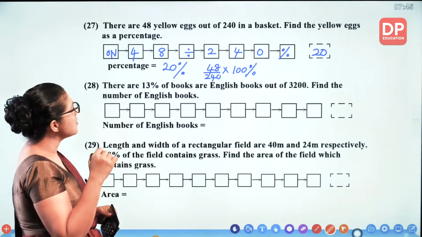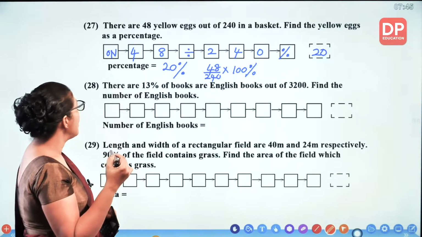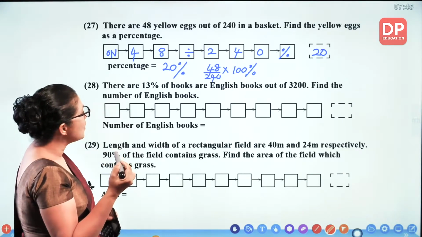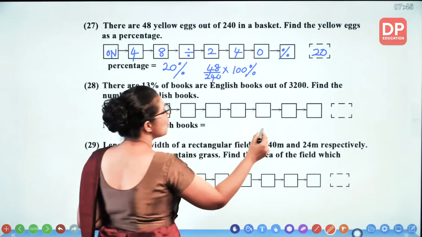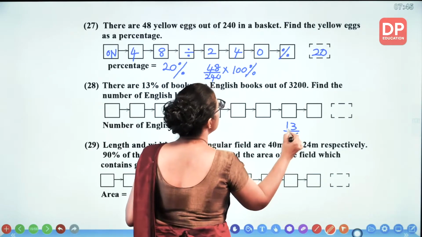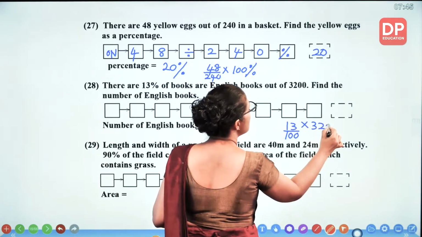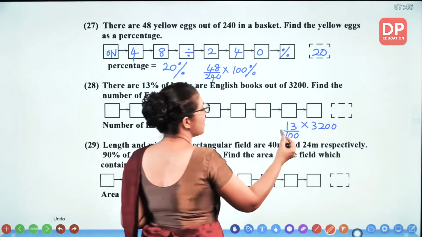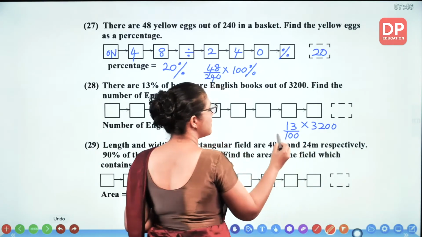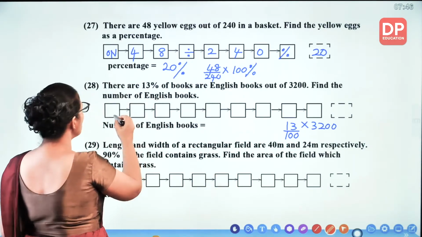13% of the books are English books out of 3,200. Find the number of English books. So what's the calculation? 13% of 3,200. 13% means 13 over 100 times 3,200. In a percentage, 100 is the denominator. So how do you do that?